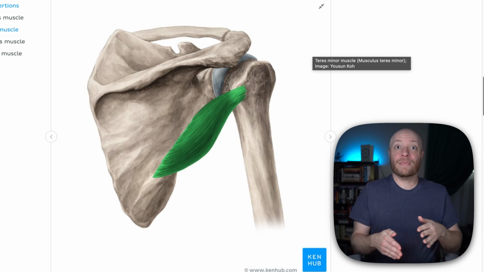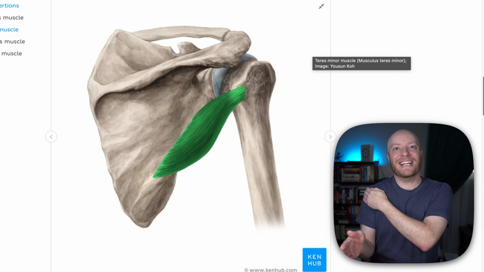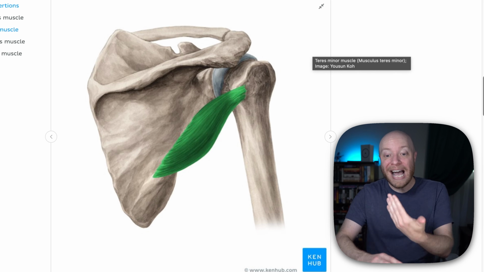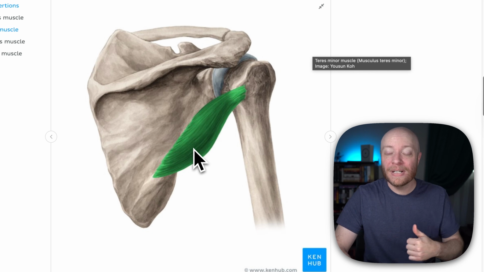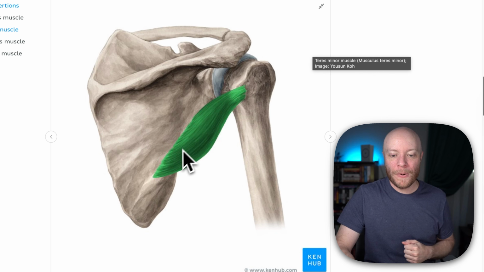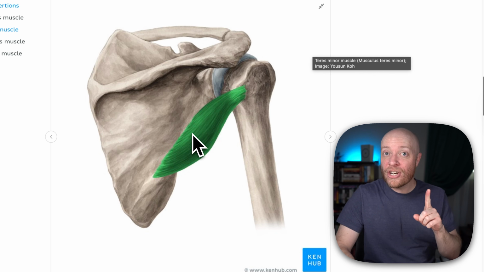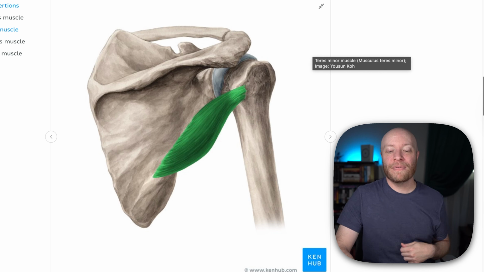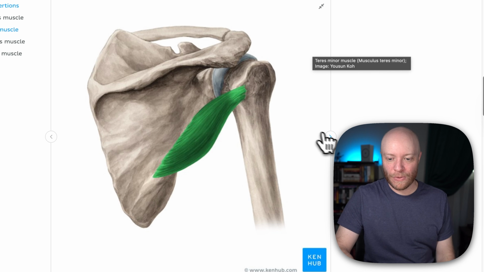It's kind of like you're going, "Ha," like you're surprised or something like that. That is external or lateral rotation of the shoulder, and that is exactly what the teres minor is going to be performing. So this is again originating at the lateral border, inserting at the greater tubercle, and performing external rotation of the shoulder.